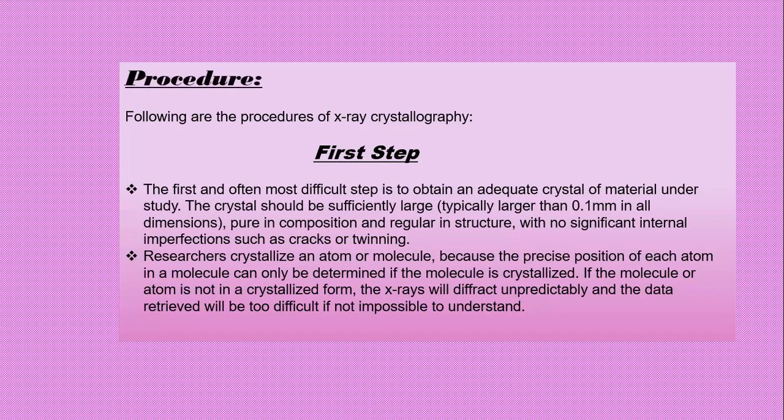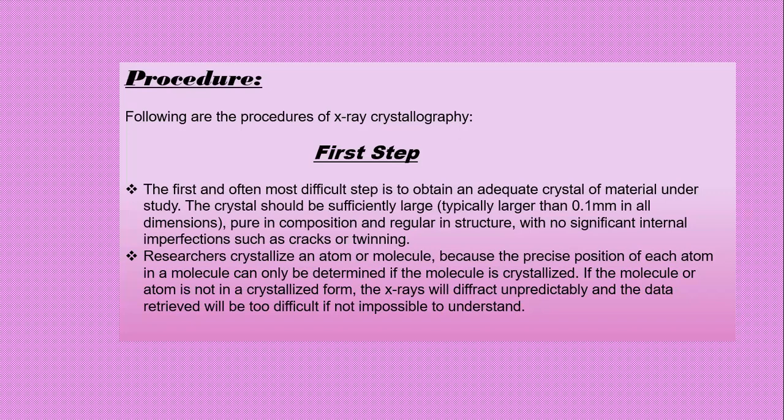And next is the procedure of X-ray crystallography. Following are the procedure steps. Basically, the first step, the first and often most difficult step, is to obtain an adequate crystal of the material under study.